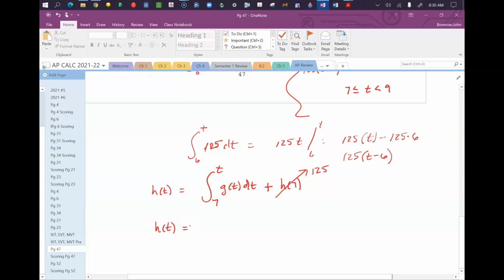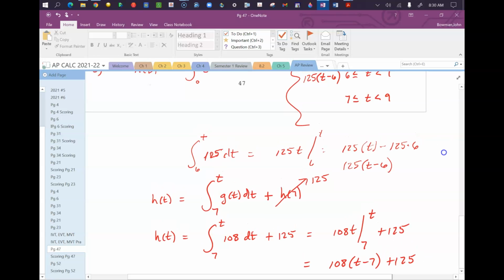So h of t from 7 to 9 a.m. is going to be the integral from 7 to t of 108 dt, because it's being removed at 108 cubic feet per hour, plus 125. And if you do the calculus on this, you get 108t from 7 to t plus 125, and that turns out to be 108 times t minus 7 plus 125.